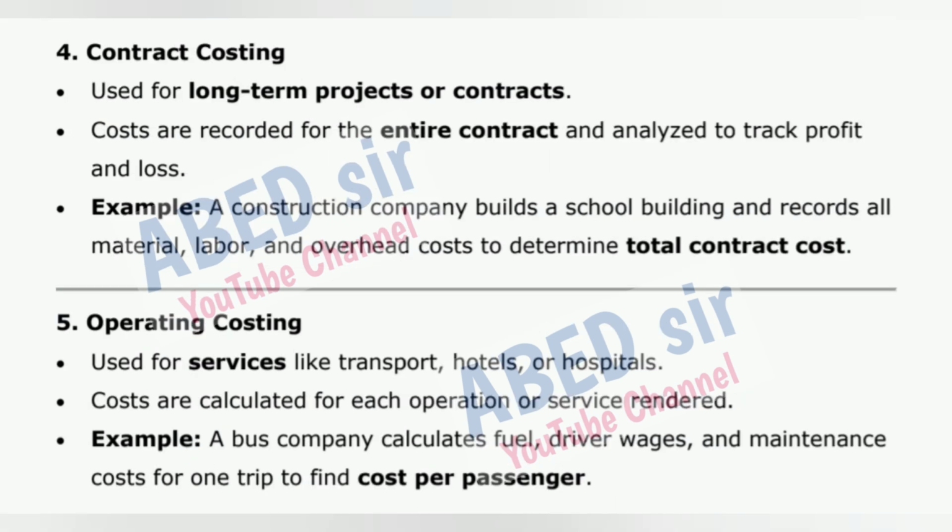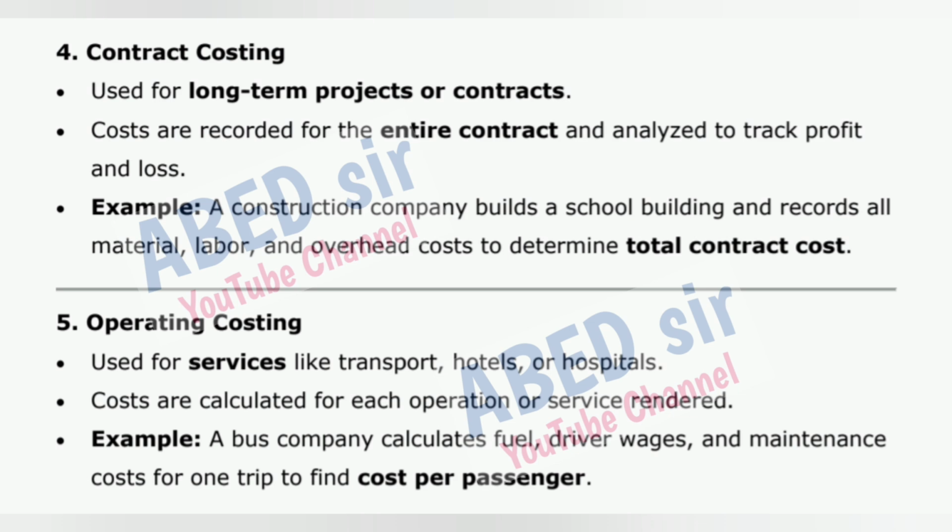4. Contract costing. Used for long-term projects or contracts. Costs are recorded for the entire contract and analyzed to track profit and loss. Example, a construction company builds a school building and records all material, labor, and overhead costs to determine total contract cost. 5.